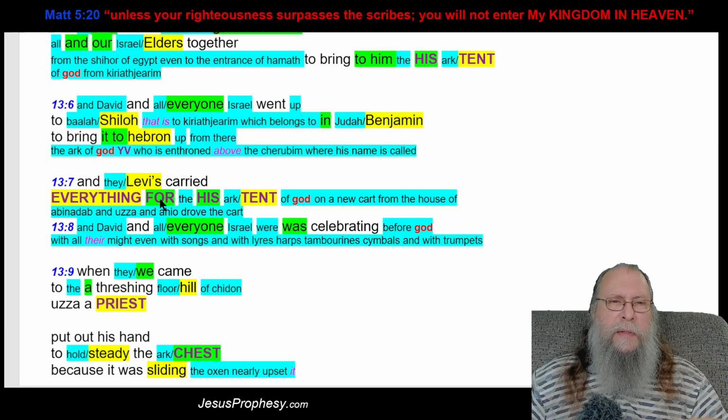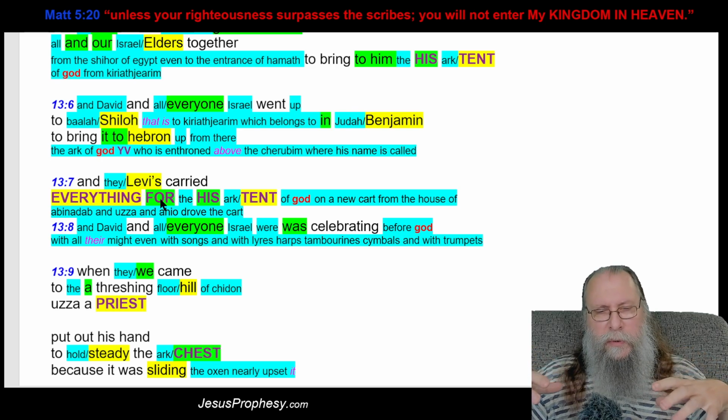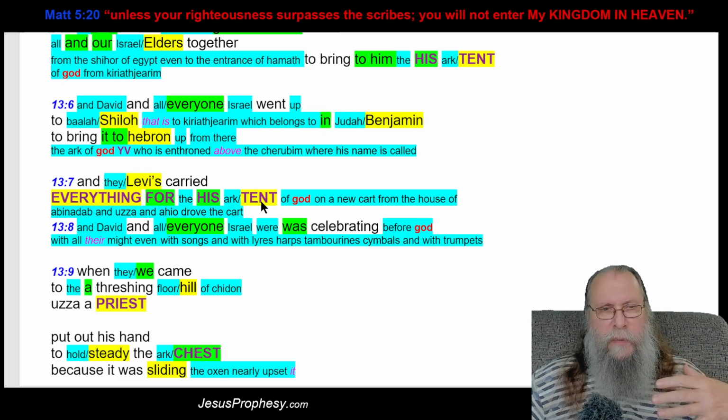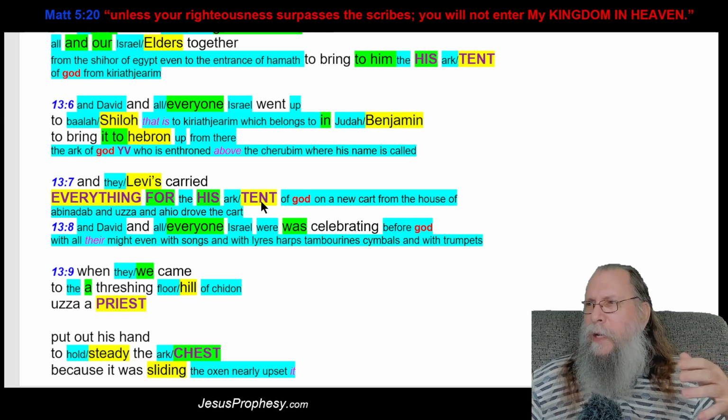The courtyard has a large altar, then it has smaller altars, but there's 12 smaller ones. They have fire stands, they have shovels, they have forks, they've got plates. They've got a lot of things, so it's kind of like everything for his tent. Because, for example, the floorboards would have been taken apart and put together.